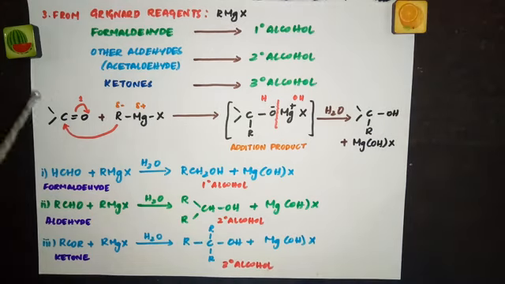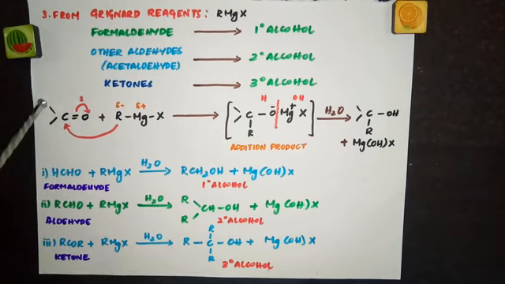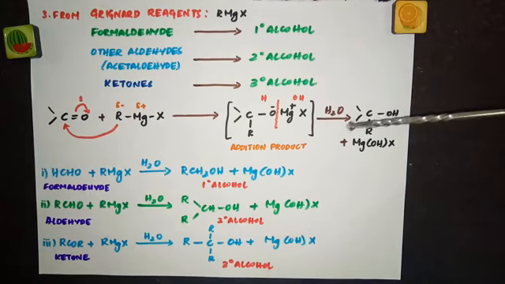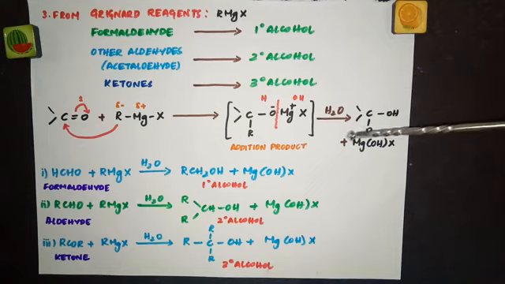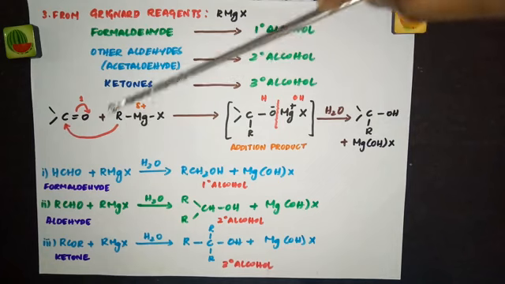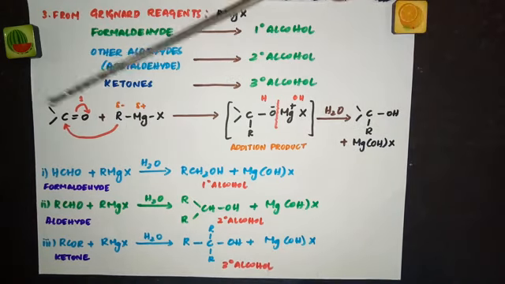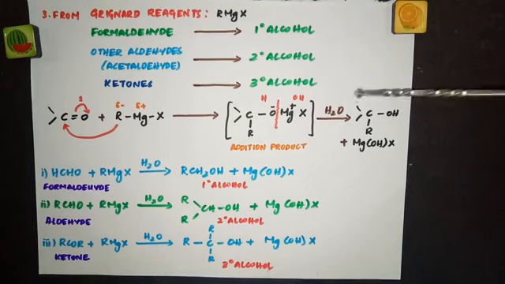Again, if you take one H and one R, then it is any other aldehyde. For example, if it is acetaldehyde, one H, the other R will be CH3. So what you will get here? One CH3, one H. So what will be the product? Already you have R here from the Grignard reagent. So this R and one more CH3 from the aldehyde and this H. So CHOH is nothing but secondary alcohol.